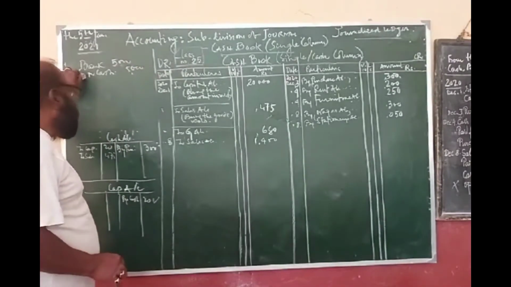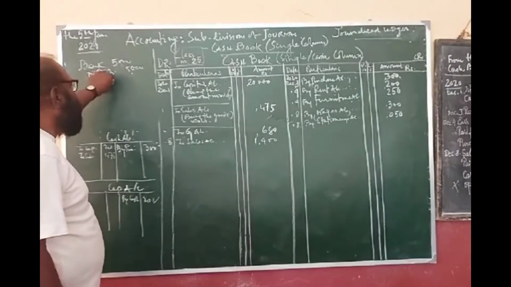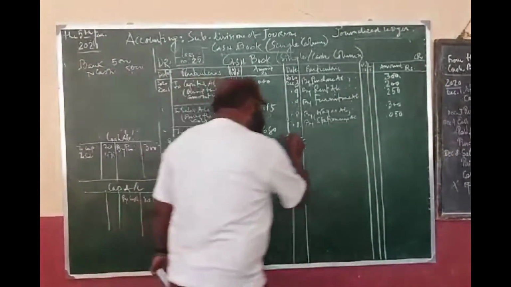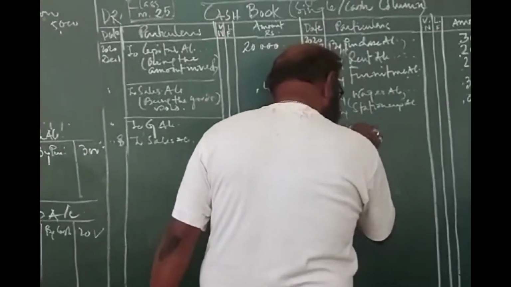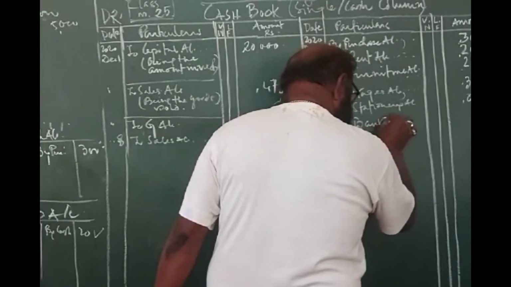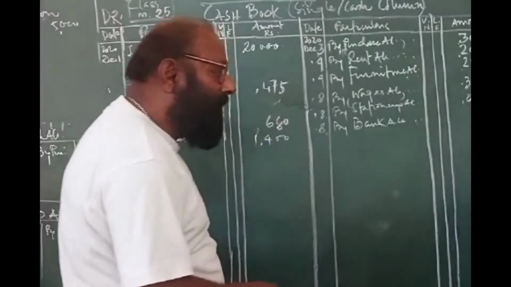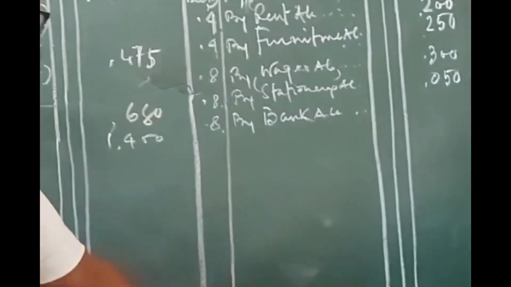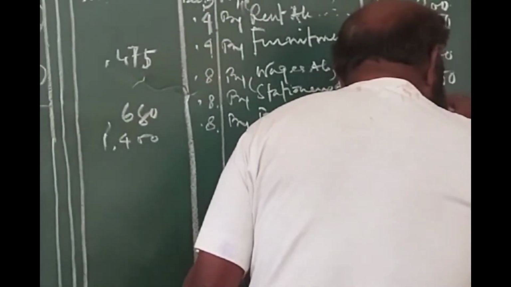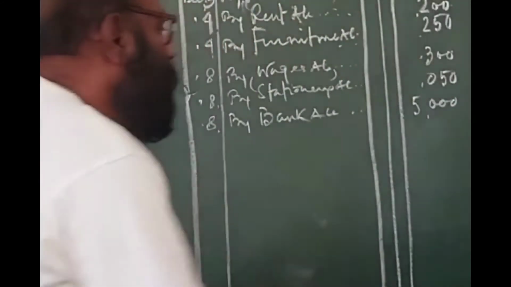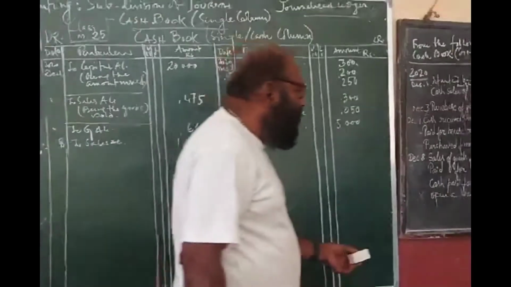So in the bank account we should write to cash, and in the cash account or cash book we should write by bank along with an addition: by bank, being the amount deposited in the bank and the bank account opened. Clear? So friends, you scan it properly and go on recording.